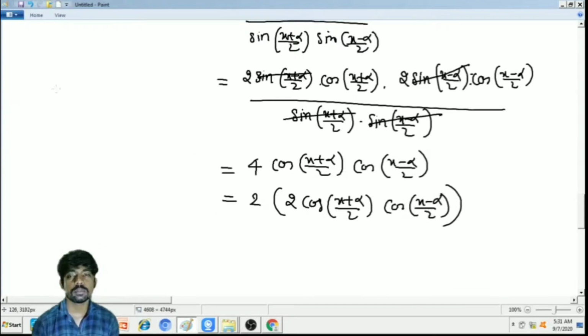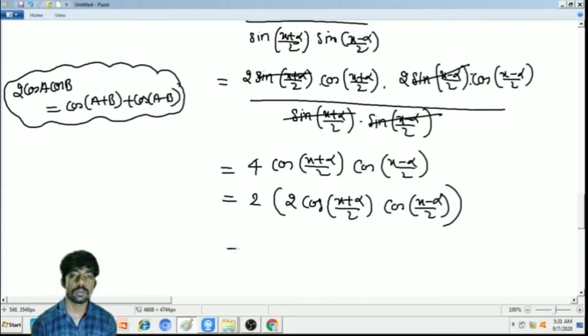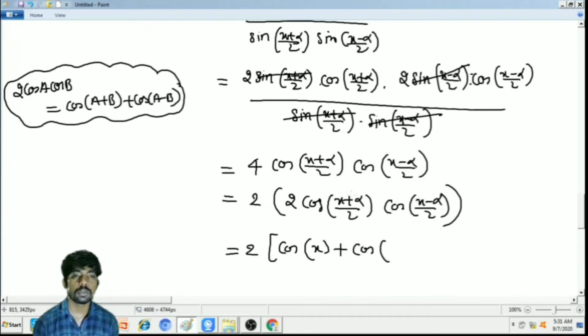The 2 cos A cos B formula says 2 cos A cos B is equal to cos of A plus B plus cos of A minus B. This is the formula I am using here. So 2 into cos of A plus B: alpha by 2 gets cancelled, x by 2 plus x by 2, and x by 2 minus x by 2 cancels alpha.